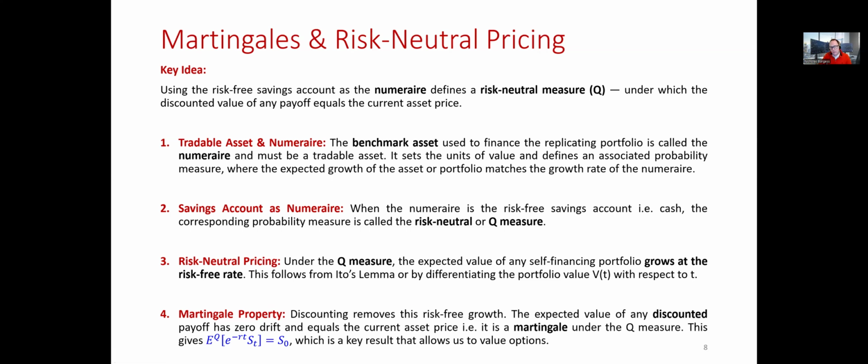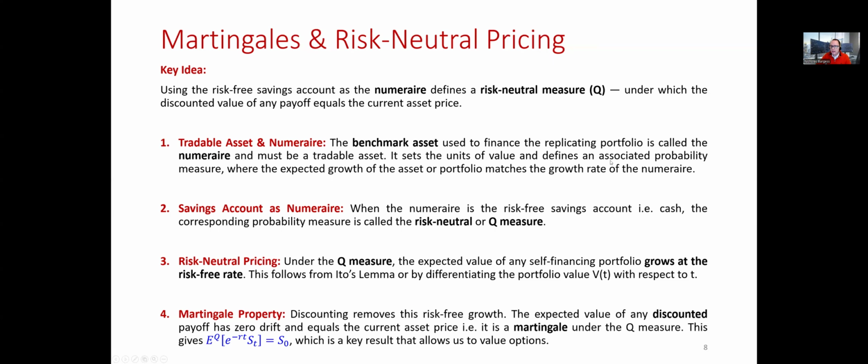The most common benchmark assets would be cash, maybe in dollars, euros, pounds, or yen. So it sets the units, how we want to price our portfolio. Do we want to price in dollars or some other currency? You could also price in stock terms or other stranger units. It doesn't have to be cash, but the benchmark asset is the asset that we use to finance the replicating portfolio. That's called a numeraire.